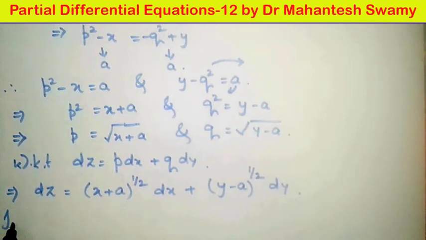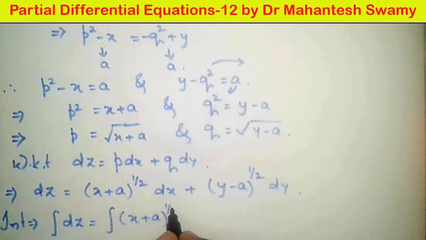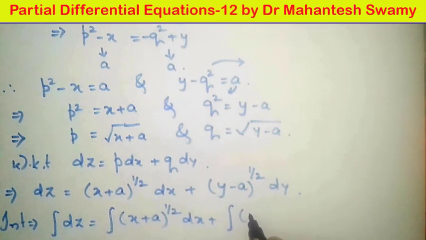Now let us integrate. When we integrate on both sides, it is the integration of 1 with respect to z on the LHS. On the RHS, the integration of x plus a whole to the power half dx plus the integration of y minus a whole to the power half into dy.